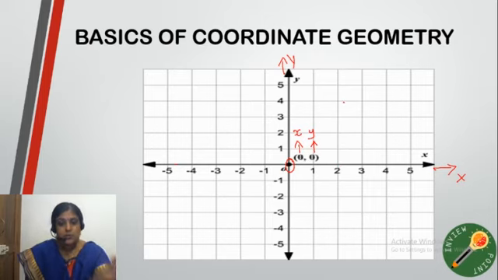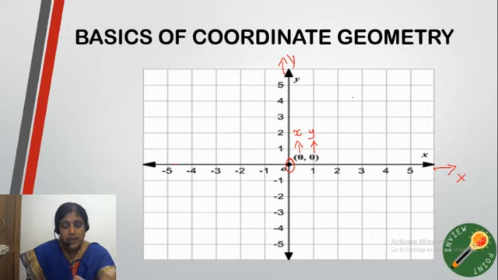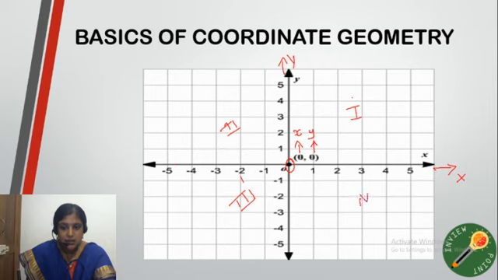The xy axes divide the plane into 4 quadrants. See, this is the first quadrant, this is the second quadrant, this is the third quadrant, and this is the fourth quadrant. In the first quadrant, all the values of x will be positive, and the values of y are also positive.